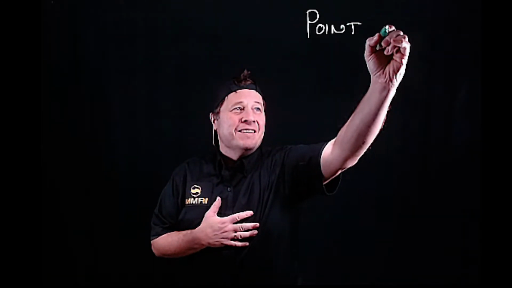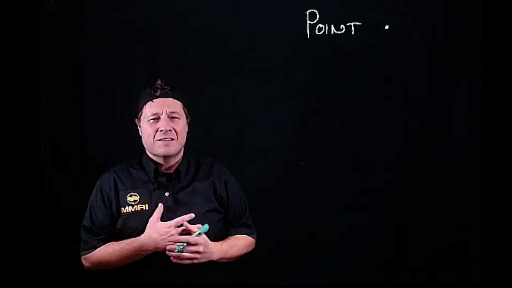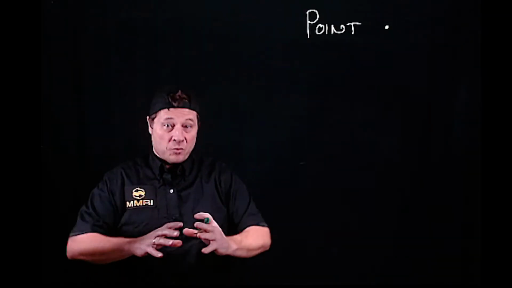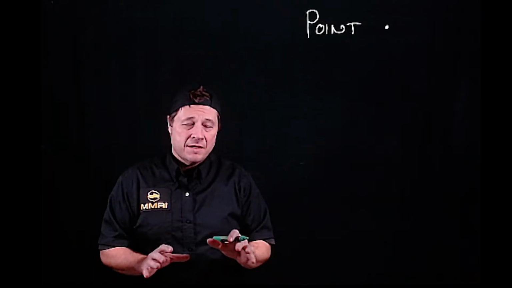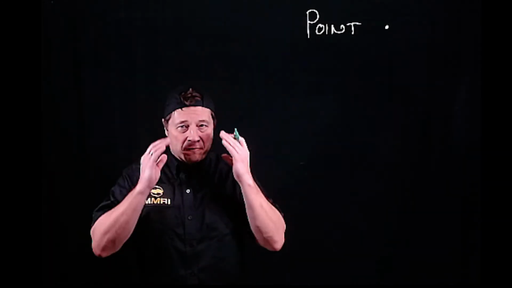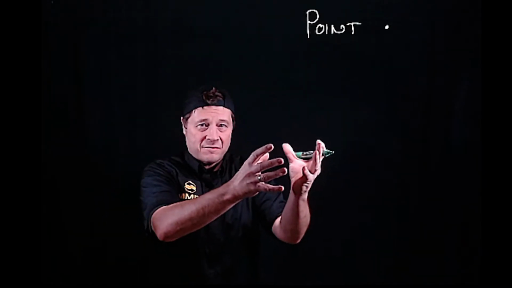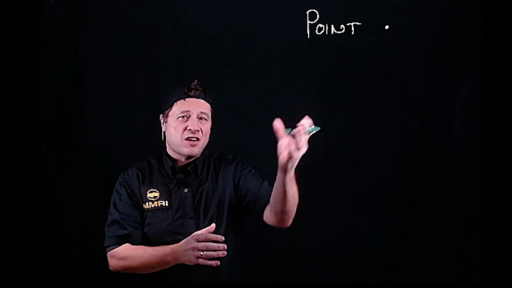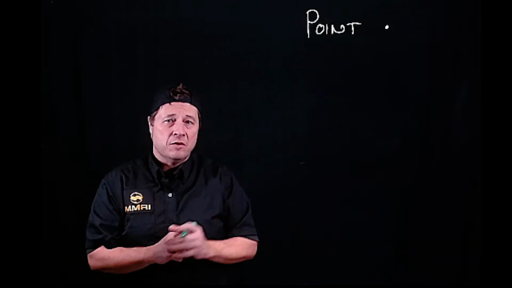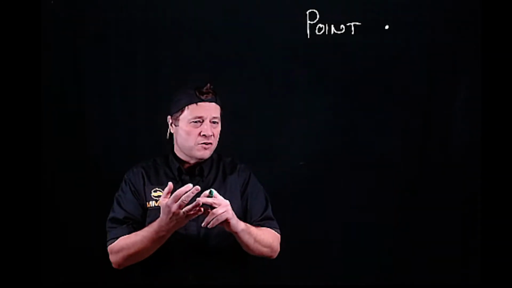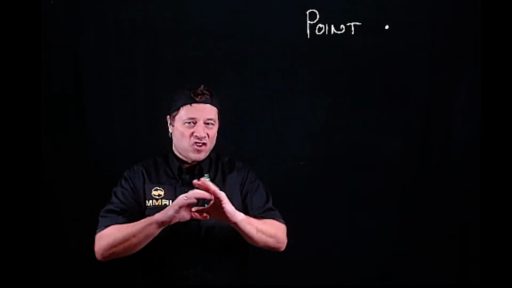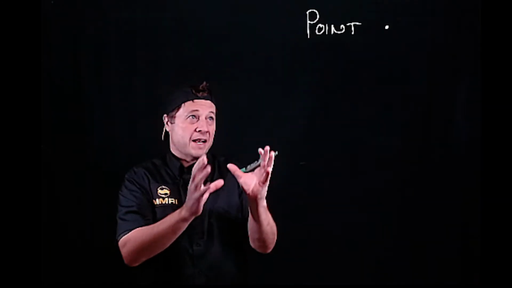We show it like a large floating decimal, okay? But the reality is, in geometry, a point has no size and it has no form. But for us to reference a point, we have to draw something. So we draw it as a floating decimal, okay? So it has no form, it has no size.